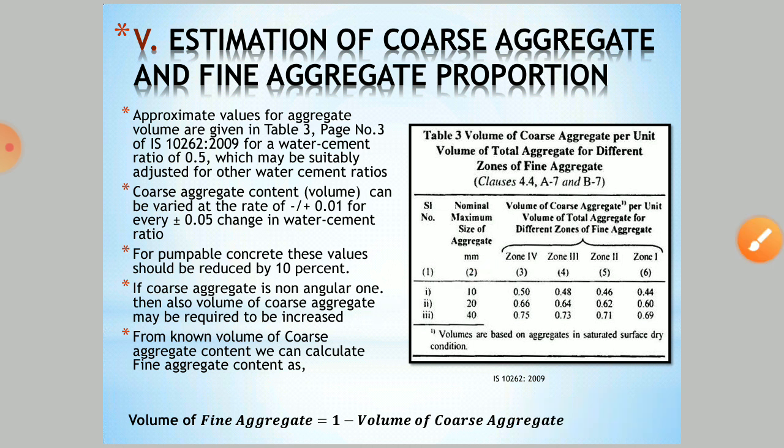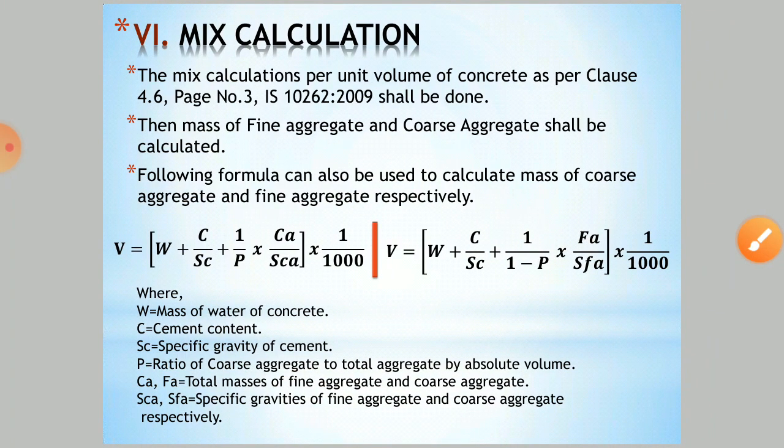Next step, mix calculation. After calculating water content, water cement ratio, cement content, and then the proportion of fine and coarse aggregate, the next part is mix calculation. Mix calculation per unit volume of concrete is calculated as per clause 4.6, page 3, IS 10262.